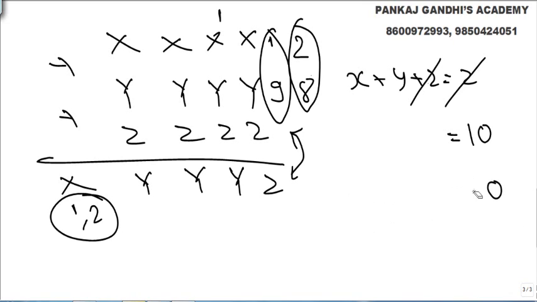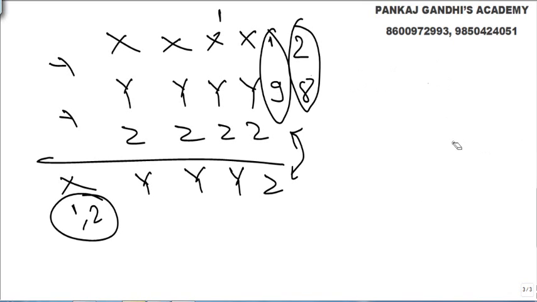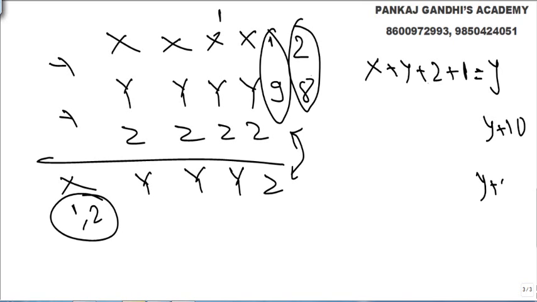Now what comes next? x plus y plus z plus 1 carry forward. This summation is y, or y plus 10, or y plus 20. So y as it is gets cancelled.